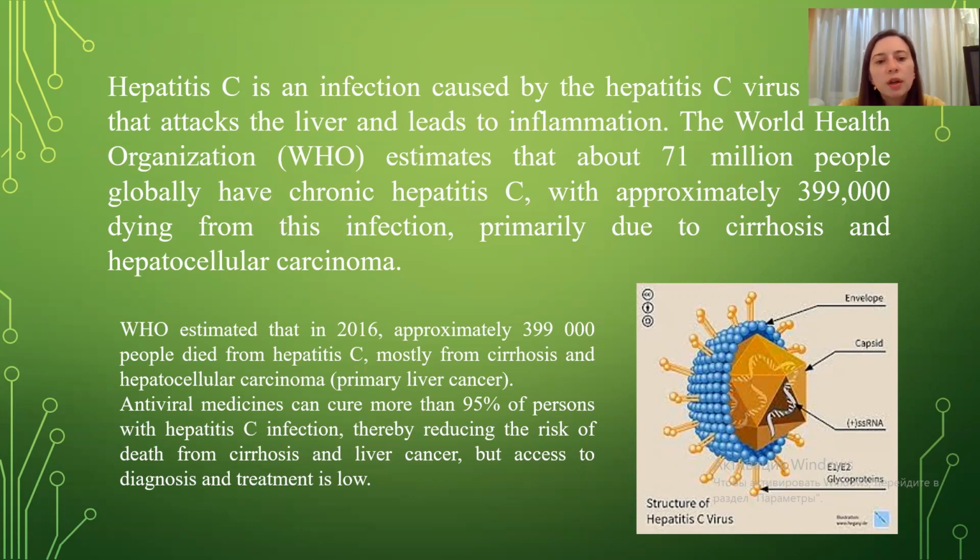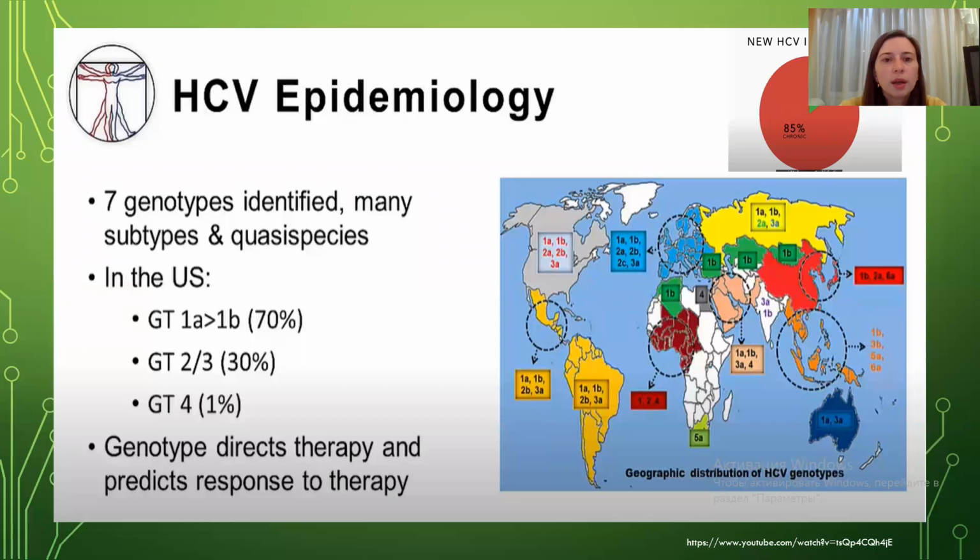Antiviral medicines can cure more than 95% of persons with hepatitis C infection, thereby reducing the risk of death from cirrhosis and liver cancer. But access to diagnosis and treatment is low. And epidemiology.